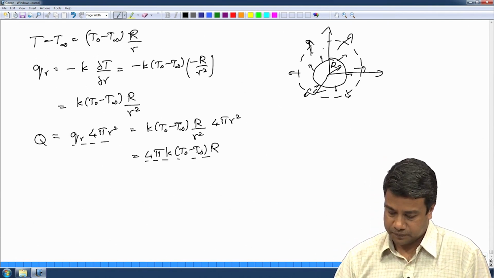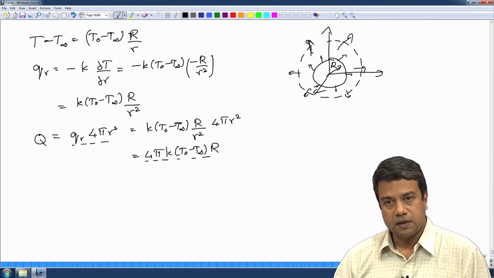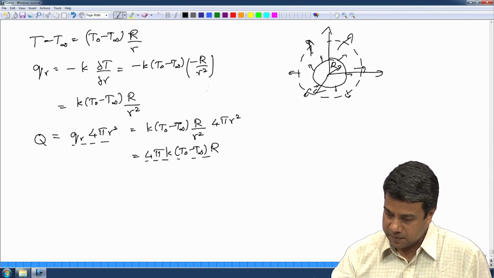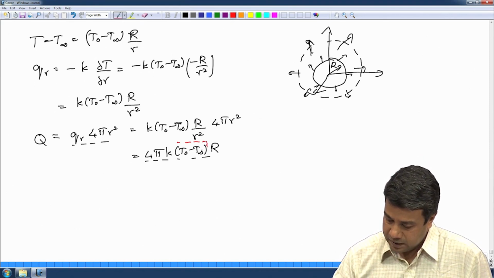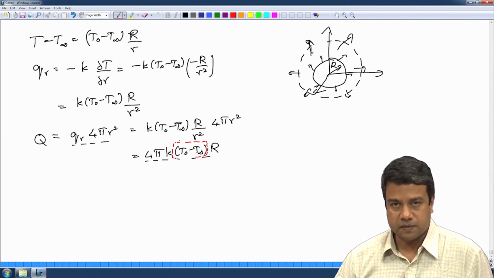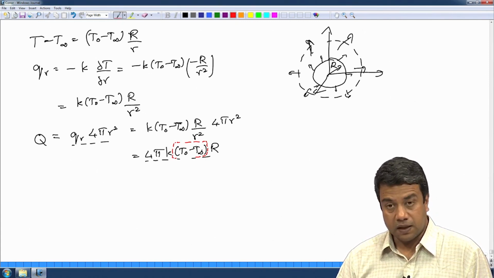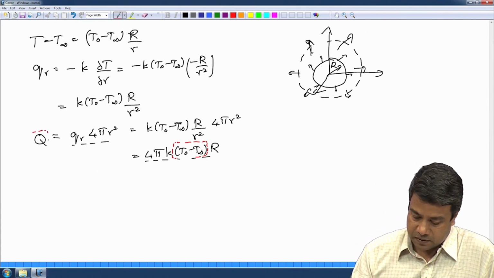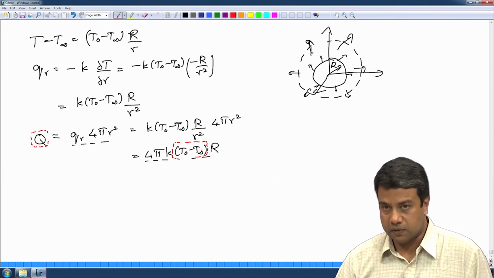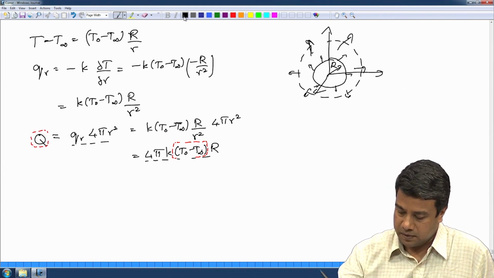Now, rather than expressing the temperature in terms of this temperature difference, I could as well express it in terms of this total heat coming out per unit time. How do I do that?